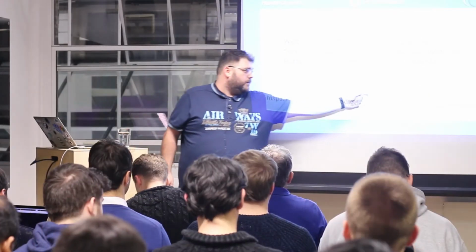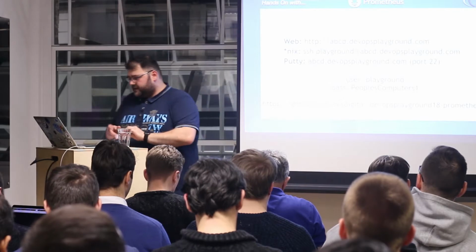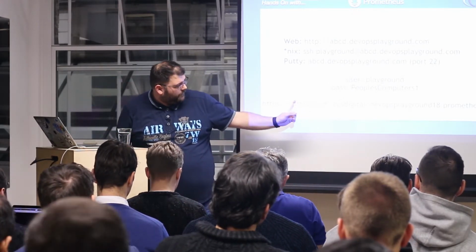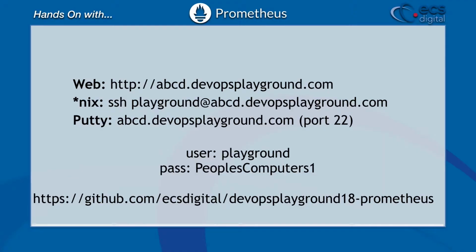The user will be Playground, and the password you all got there. I also suggest you open this GitHub link. I should have shortened it, but I didn't. You will see a README there that will help you through it if you get stuck anywhere. And possibly you don't need to type anything, you can just copy paste, okay?